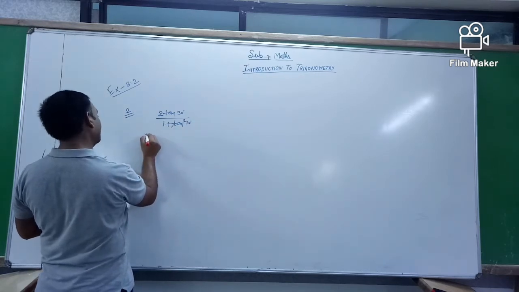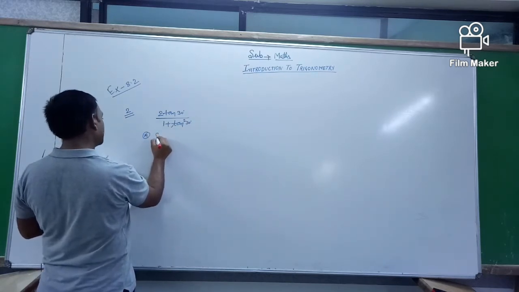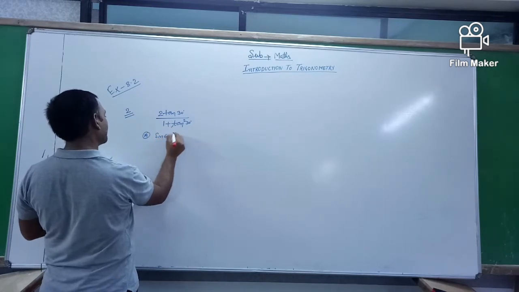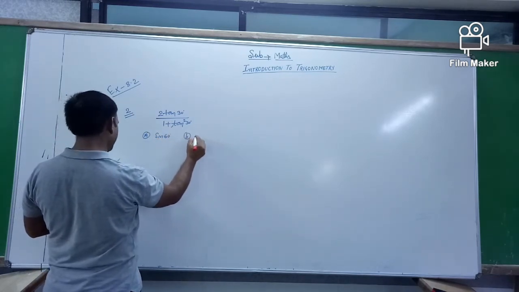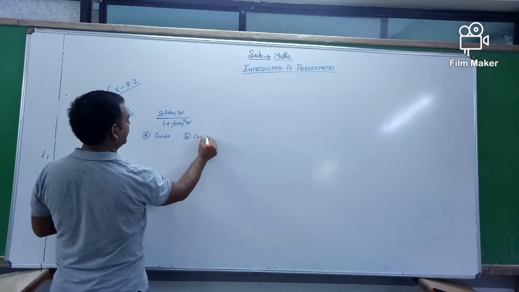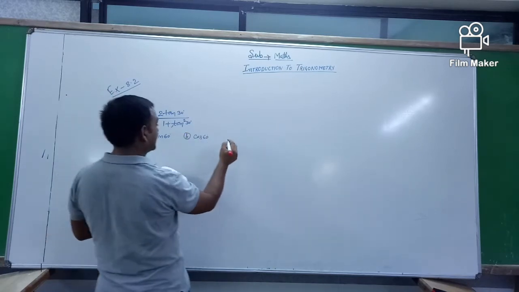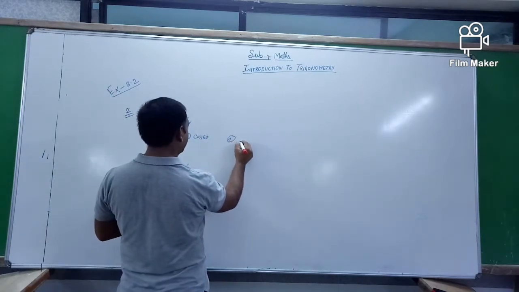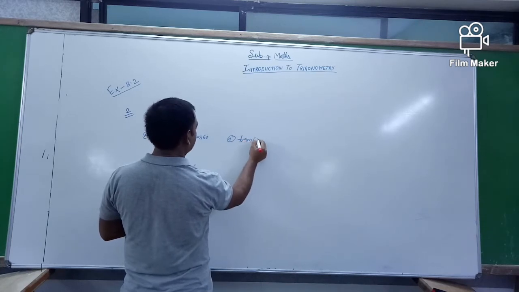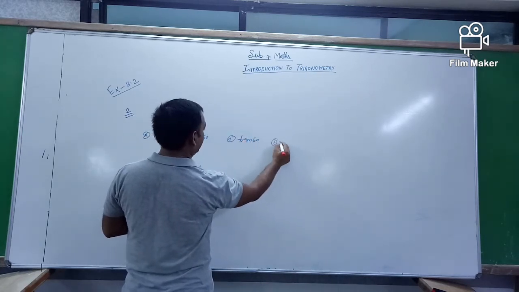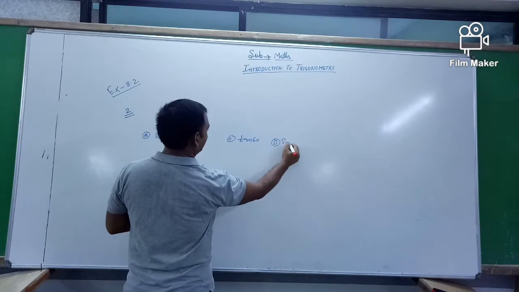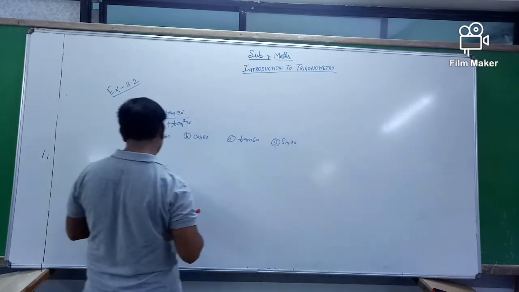Option A, sin 60. Option B, cos 60. Option C, tan 60. Option D, sin 30. Which value is that?